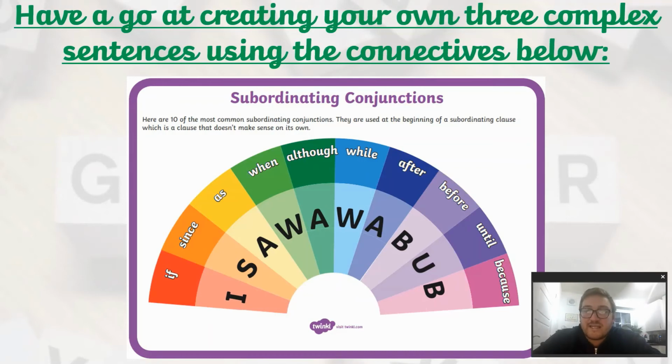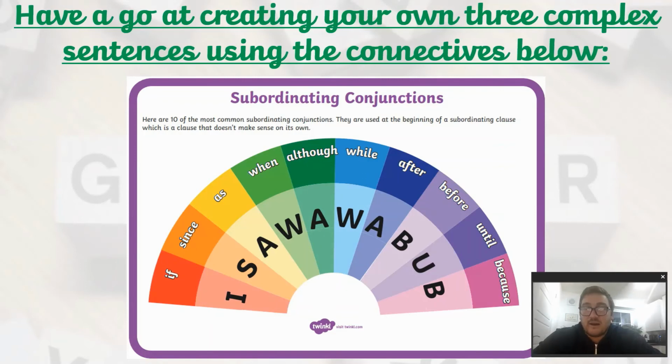So all of these connectives will give the reader more information along with a subordinate conjunction. These are the most common subordinate conjunctions, but there are lots of different types of subordinate conjunctions that you can use.